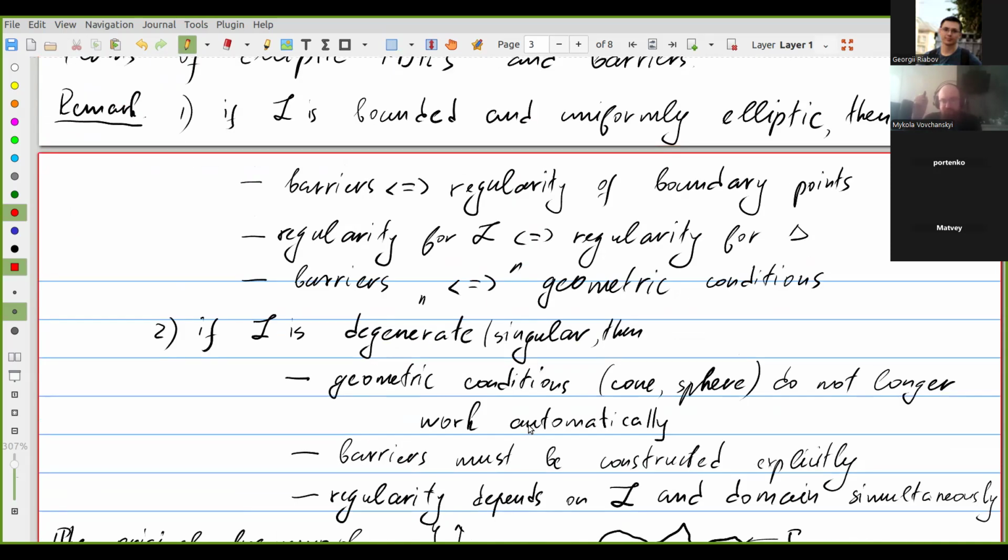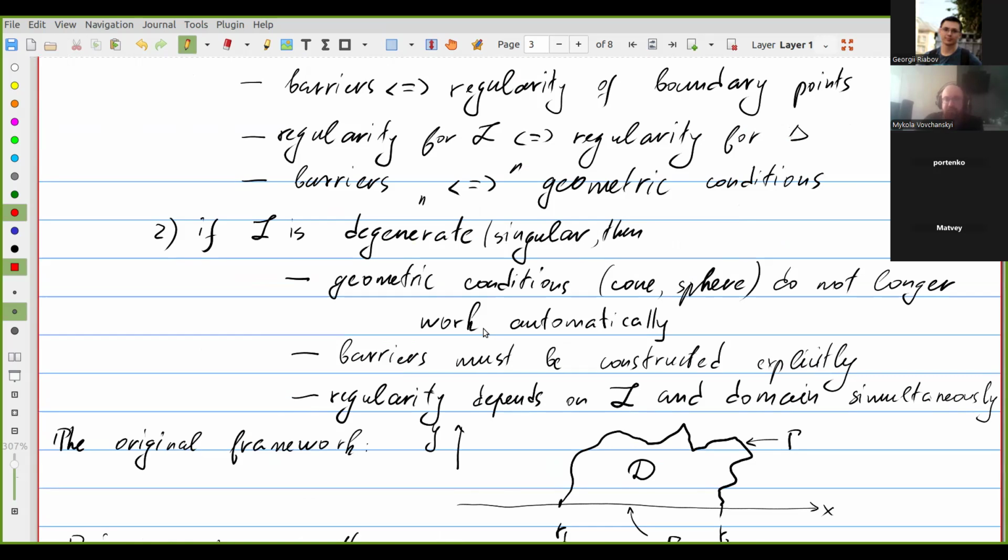It should be noted that if the coefficients of the original operator are bounded and uniformly elliptic on the whole set, including the boundaries, then regularity of a boundary point is equivalent to having a barrier, which is equivalent to having a barrier just for the Laplace operator, and the condition of checking whether the barrier exists can be replaced with geometrical conditions such as the external cone condition, external sphere condition, etc. However, in our case, the operator is degenerate and singular, and that means that these geometric conditions do not work automatically, and a barrier should be constructed explicitly.